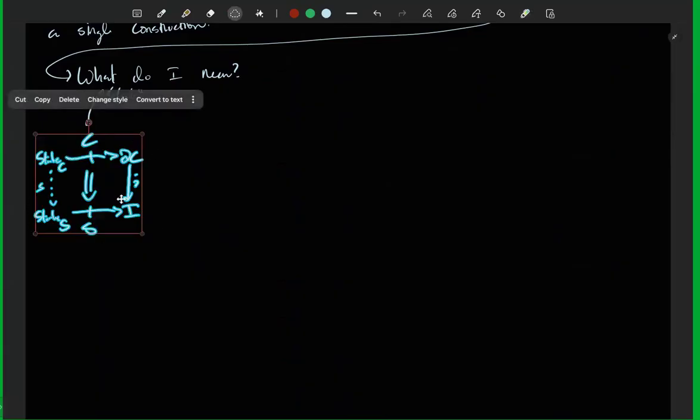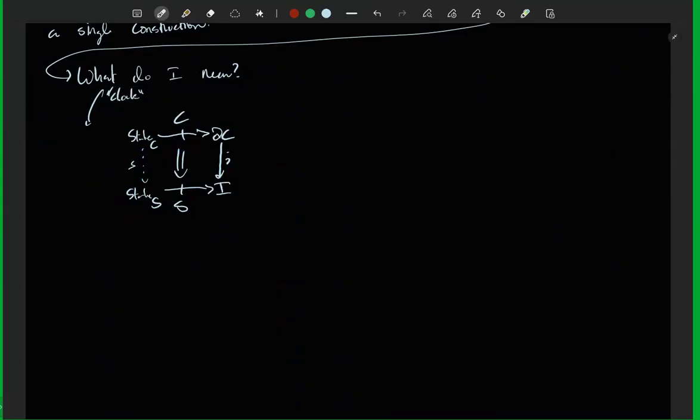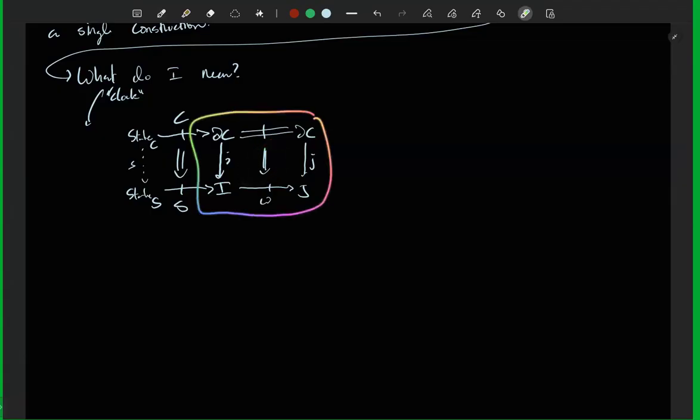One of the things we note is that if I have any kind of composition pattern like this, I believe we did cover this, in fact, and we have any new thing in here, J, as long as we have a compatibility, which is the middle of this here, a square of this form, then by composition in the double category, we get a new behavior of the composite system.